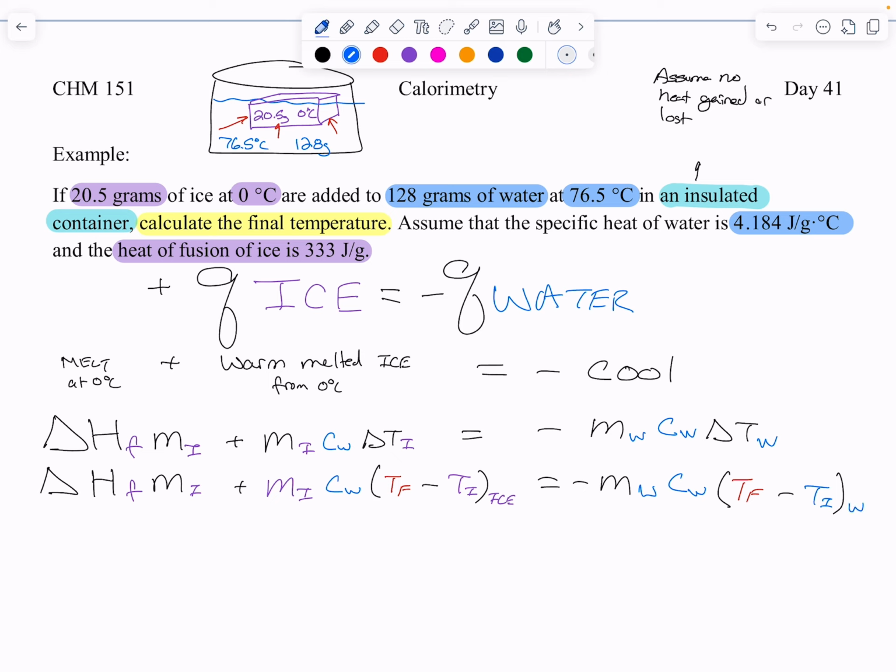Wow. All right, so now all these variables have a number from the problem.